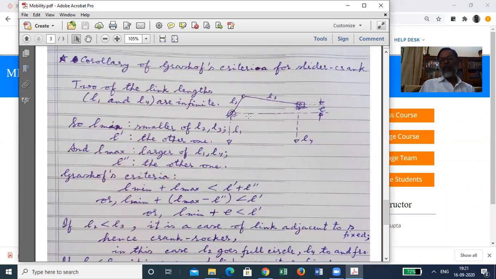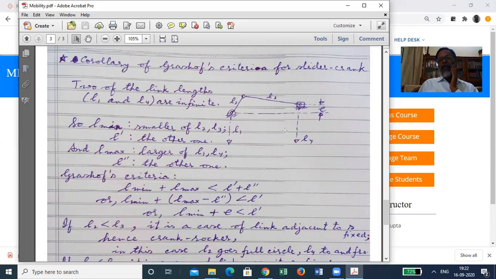And therefore, the poor fellow L1 will also have to be considered that long, almost that long, and go and meet it at that O4 somewhere. Okay. This we have seen earlier in one of the lectures. So two of the links are infinite. Are they equal? Not really. The way I have made it, they are not equal.